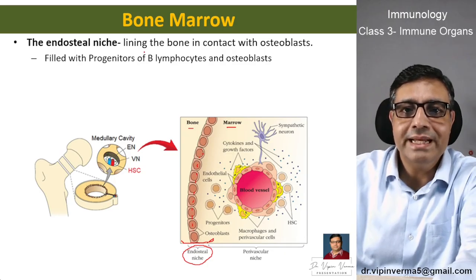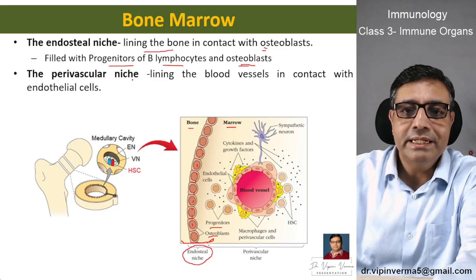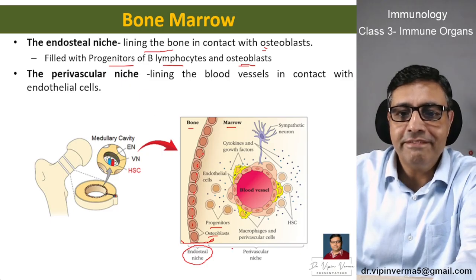They line the bone in contact with the osteoblasts, and they are filled with progenitors of the B lymphocytes and osteoblasts. So mainly in this niche you will find the B lymphocytes, which are the progenitor cells. Here you can see the progenitor cells, here the osteoblasts, and then here you can find the perivascular niche.